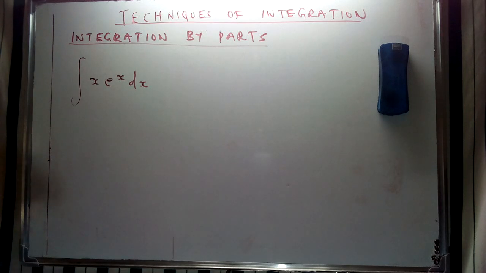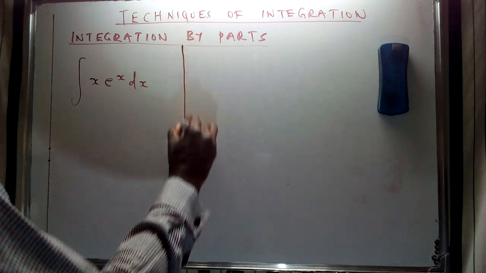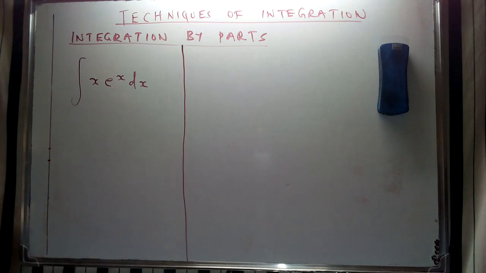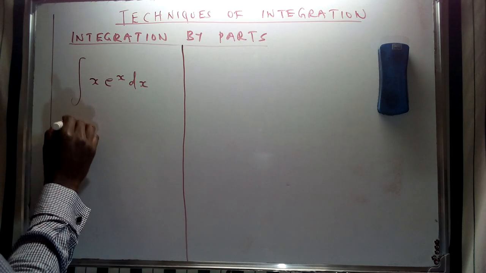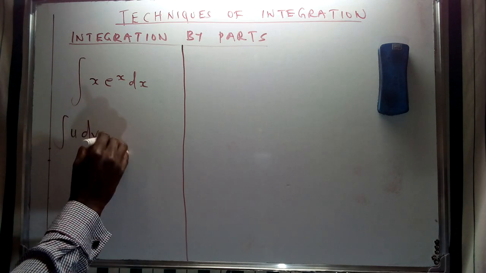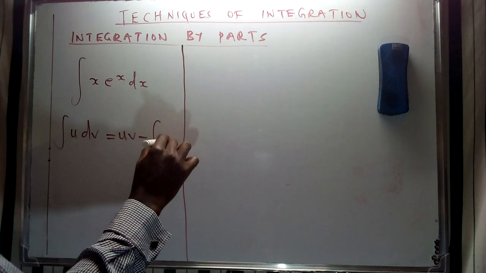Now we're going to introduce a law which will help us figure out how such integrals can be achieved. The integral of u dv is equal to uv minus the integral of v du.